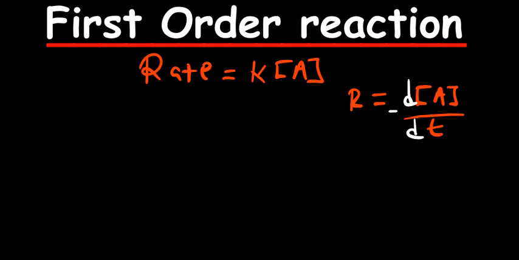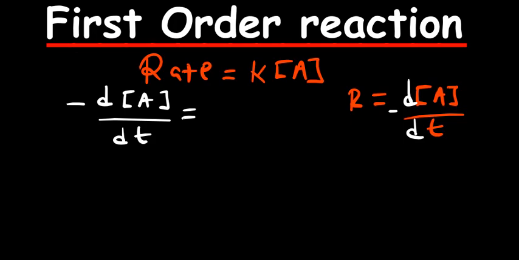So on rate, I'm going to put negative d[A] over dt. This is equal to K multiplied by the concentration of A. Okay, that is what I have.